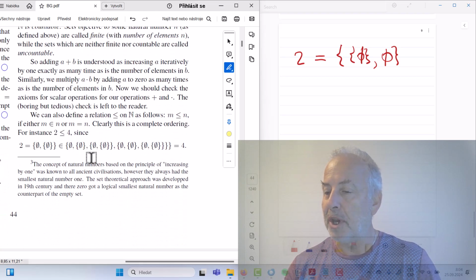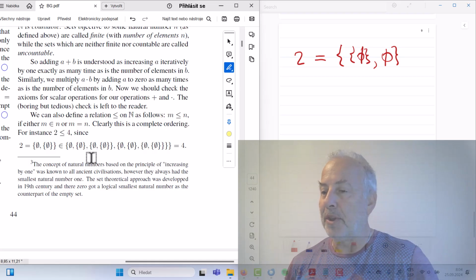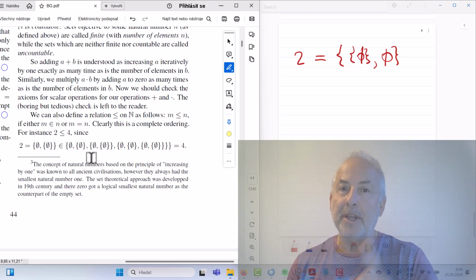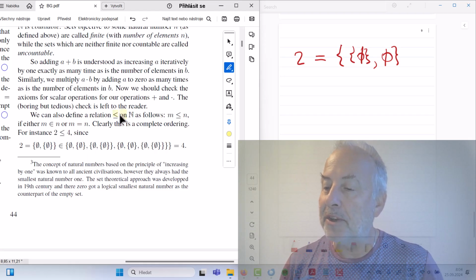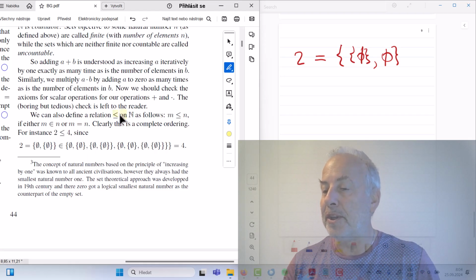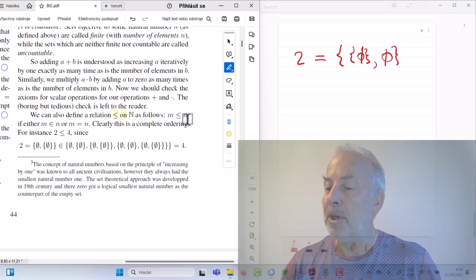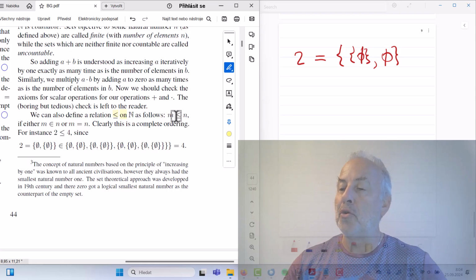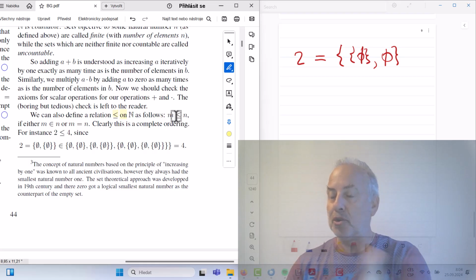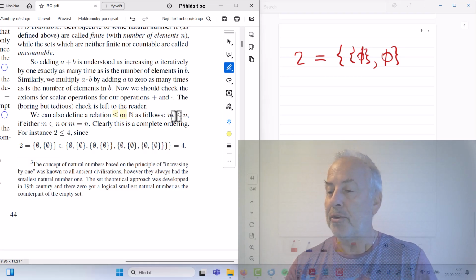Right, so here you see how it works. So we say, for example, that's the plus and times, and then we want to define the ordering, and the ordering is very easy, because we can say that m is less than or equal to n if m is included in n as a subset, which comes directly from the definition. So that's very, very easy, and you see one example here.